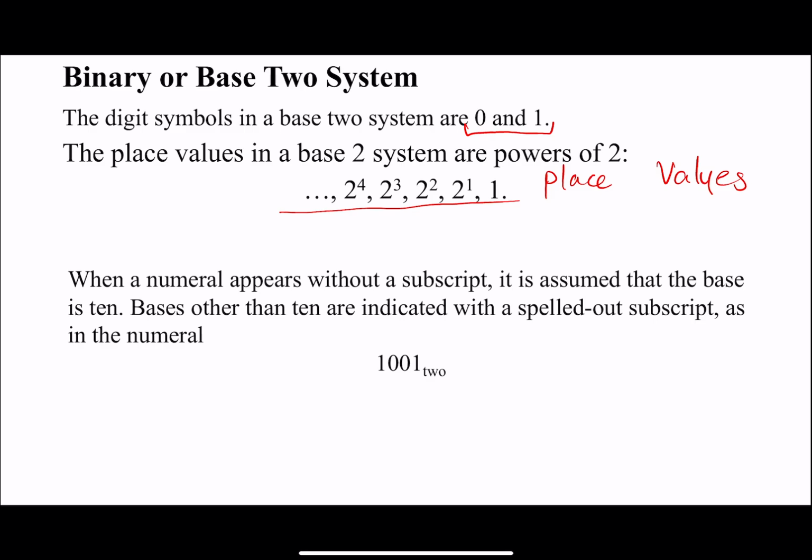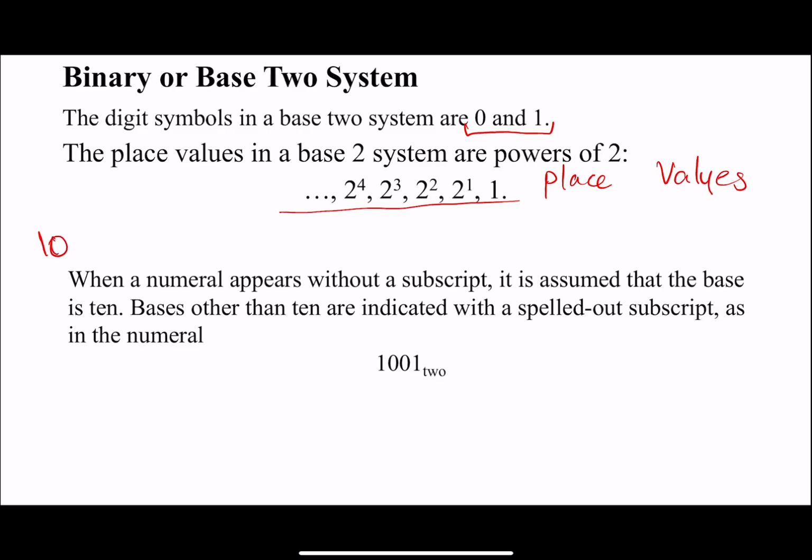For example, if I write 10 without any subscript, it's base 10 or Hindu Arabic. So if I'm talking about other bases, bases that are not base 10, I have to write down what base I'm talking about.